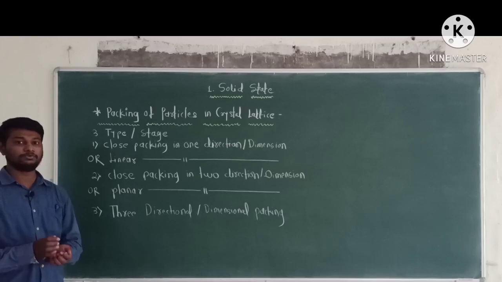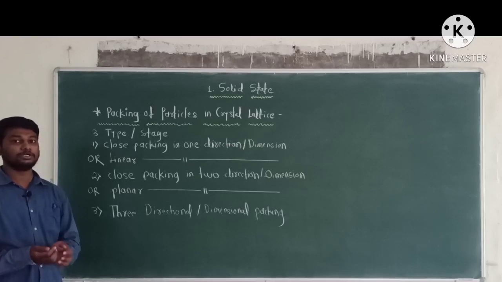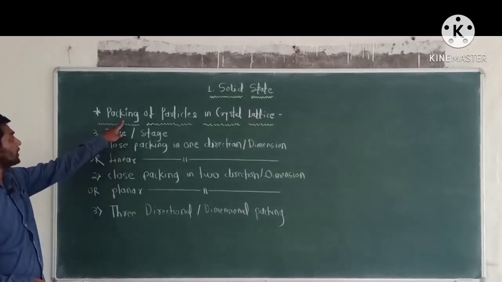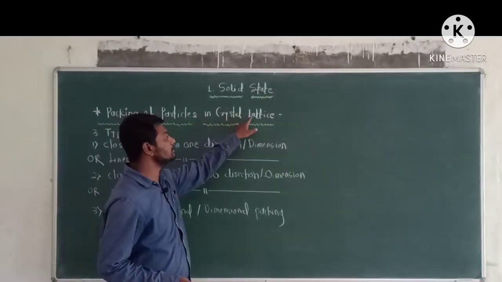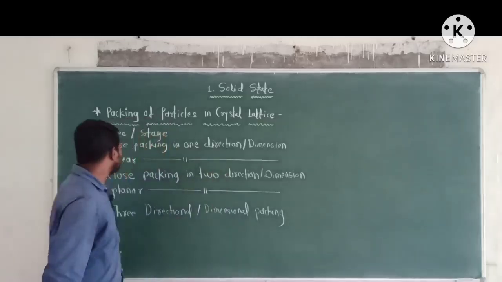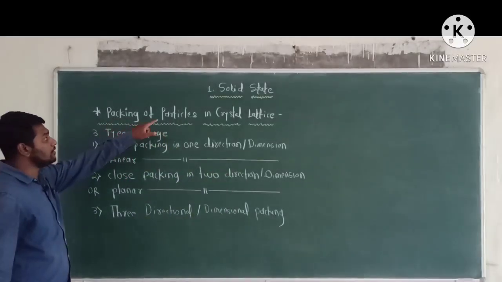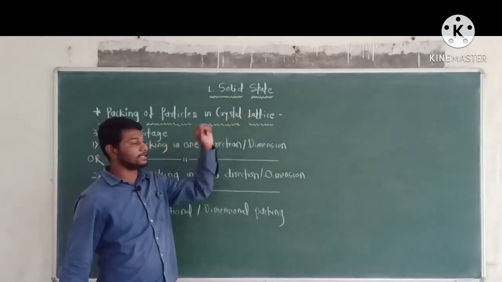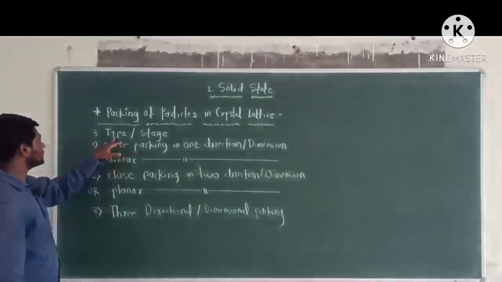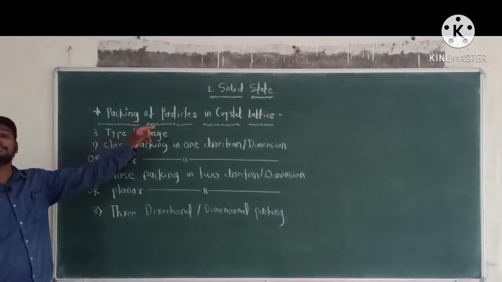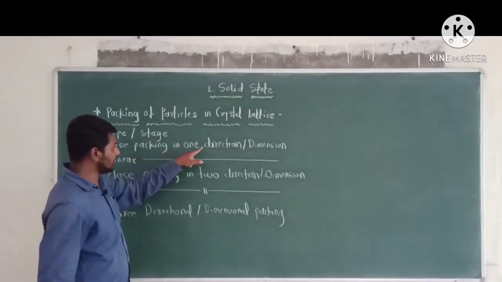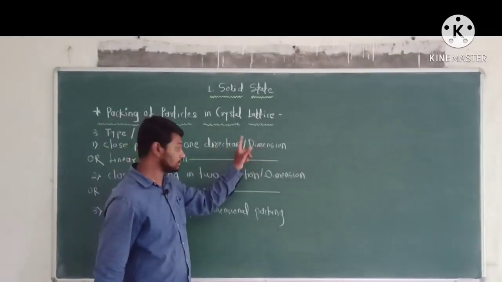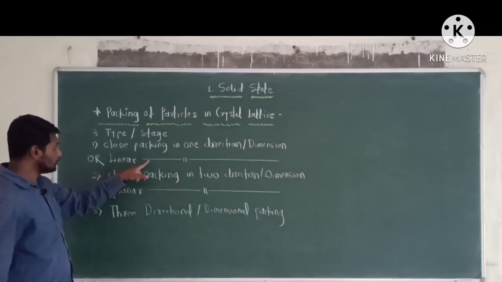So today I am going to discuss a new point of this chapter, that is packing of particles in a crystal lattice. Okay. Now packing of a particle in a crystal lattice has three stages. First, close packing in one direction or dimension, which is also called linear packing.